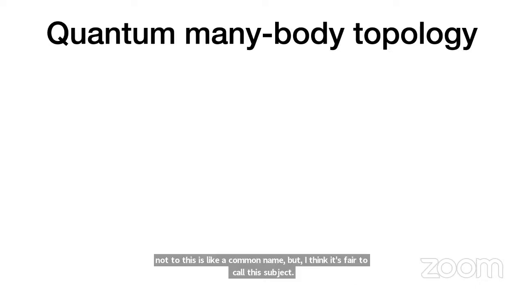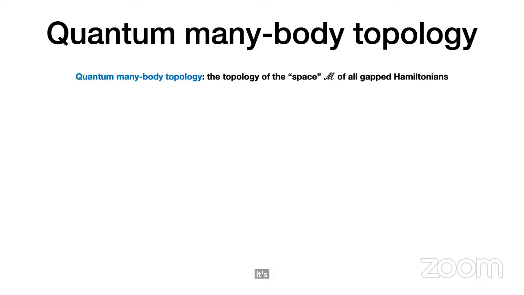I'm not sure this is a common name, but I think it's fair to call this subject quantum many-body topology. Basically, we are interested in the global structure, or the topology, of the space of all gapped Hamiltonians, which is a really wild space.